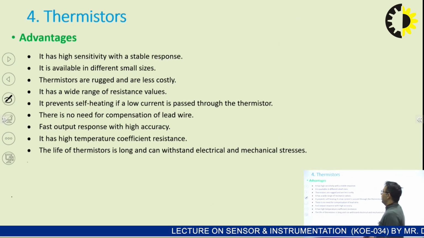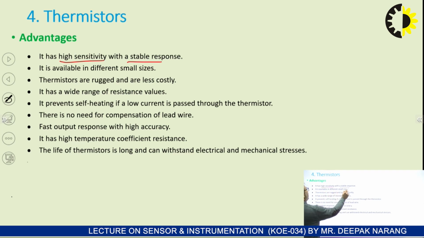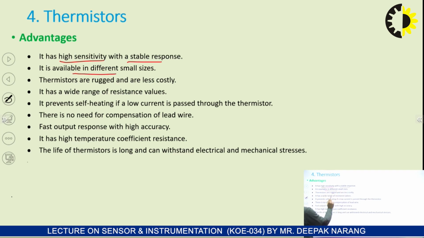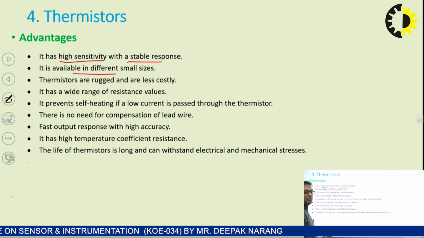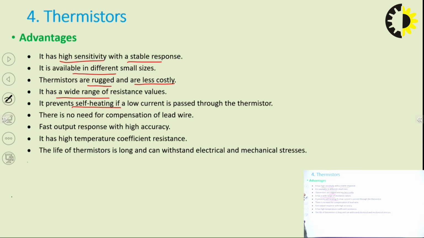So what are the basic advantages of thermistor? It has high sensitivity with stable response. It is available in different small sizes, even its size may range up to some mm as well. Thermistors are very rugged and least costly. They have a wide range of resistance values. They prevent self-heating if low current is passed through the thermistor.